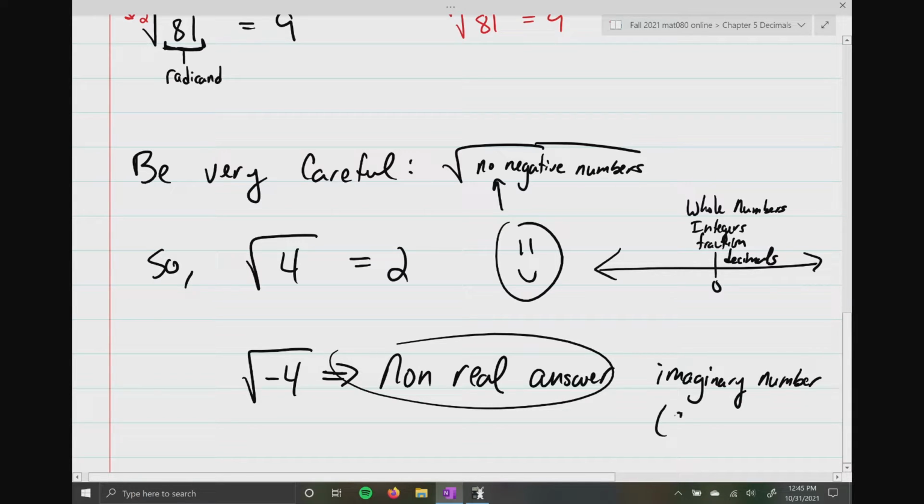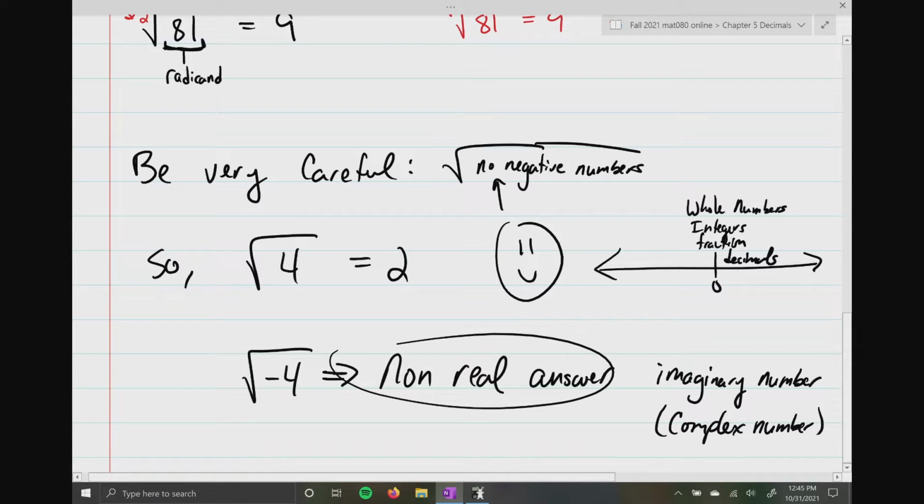Another way to say that is a complex number. All right, now, you may think, this is going to be the pun right here. You may think I'm making this up, like I'm being imaginary, all right? But I am not, okay? Because there are things called imaginary numbers.